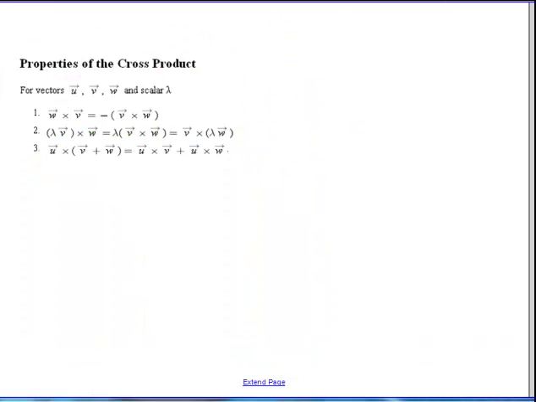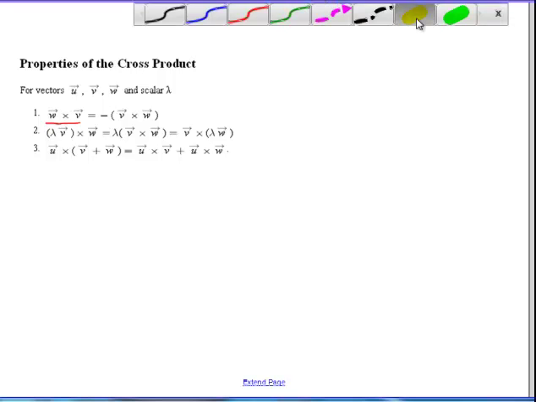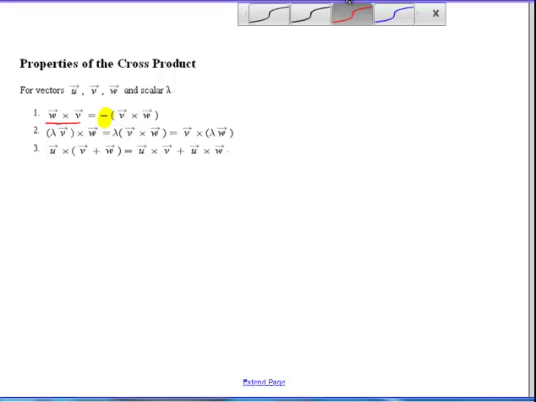So here are some rules of the cross product. Take a second to look at them. The first one suggests that while the process is not commutative, it's close to commutative. That w cross v is the same as negative v cross w. And if we have a scalar being multiplied by v, so lambda v cross w, the position of the scalar doesn't matter.